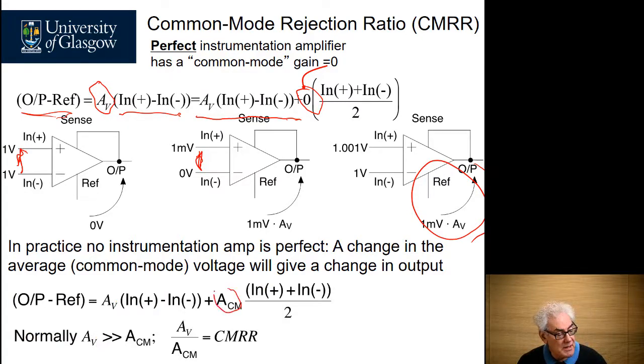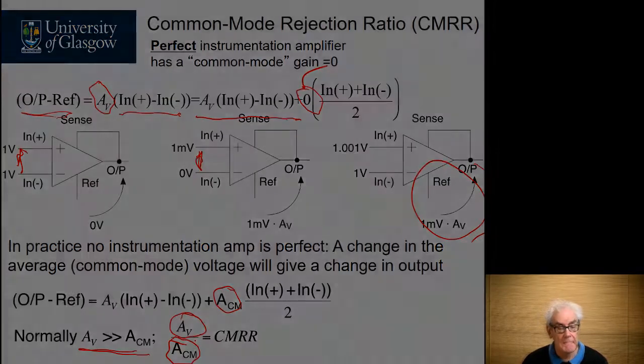This gives rise to the concept of common mode gain, which is the gain for the average voltage, and in most instrumentation amplifiers our differential gain will be much larger than our common mode gain, and we define a concept called common mode rejection ratio, which is the differential gain divided by the common mode gain.